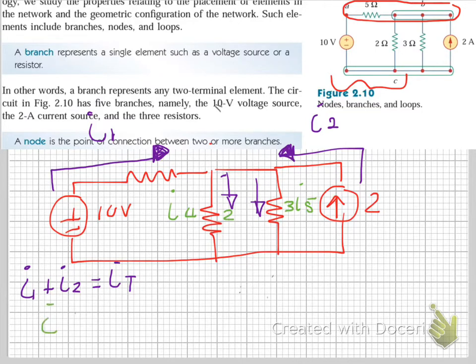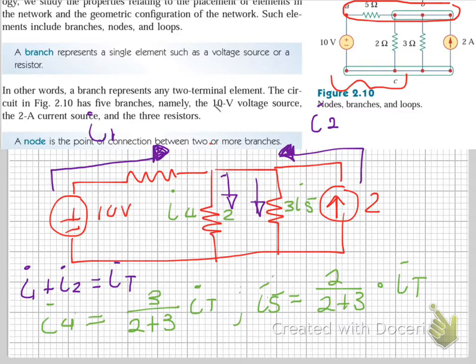So I4 is equal to the 3 ohm divided by 2 plus 3 times I total, and I5 is equal to the 2 ohm over 2 plus 3 multiplied by I total. This is simply your current division.